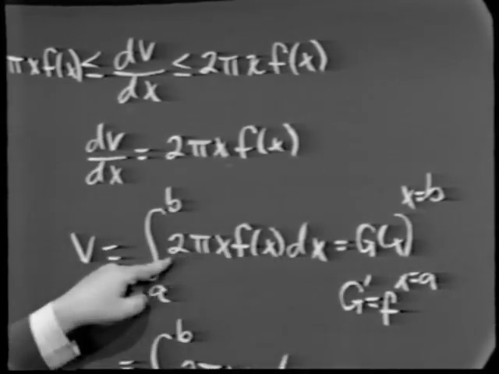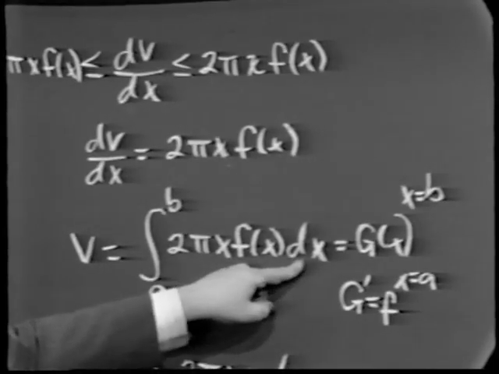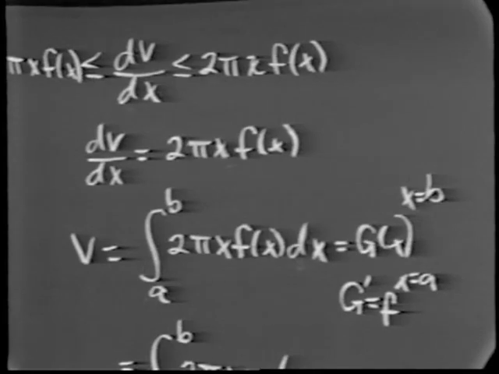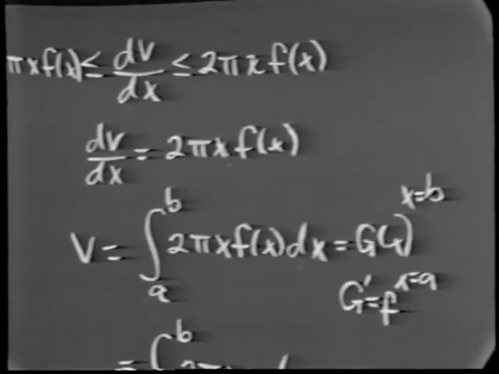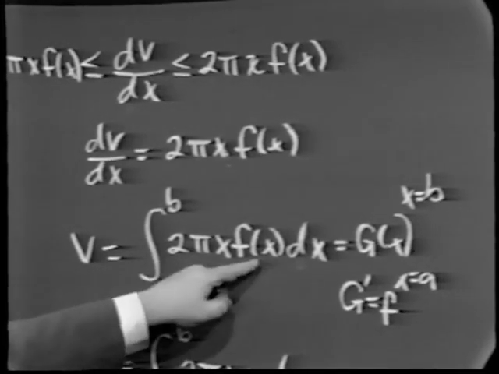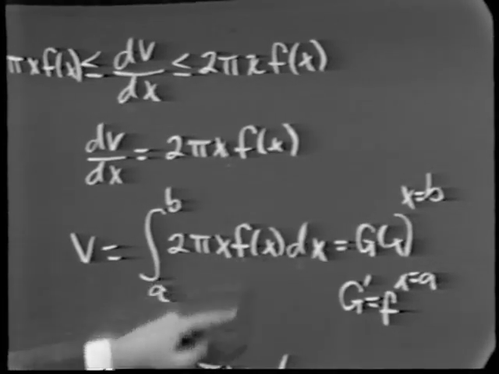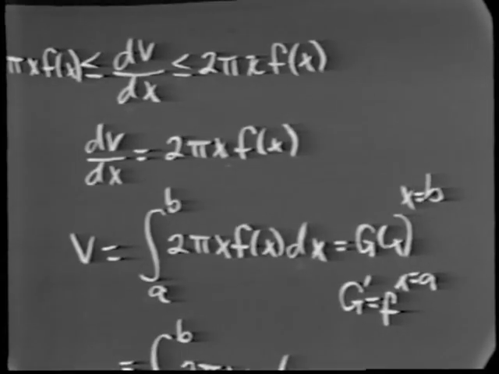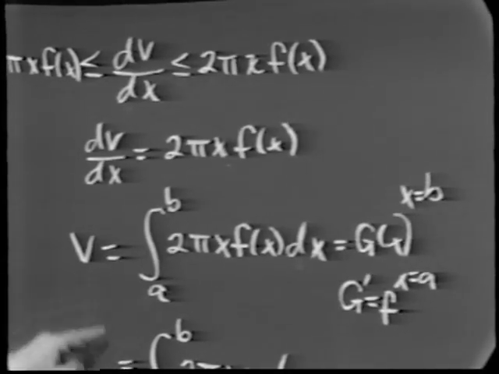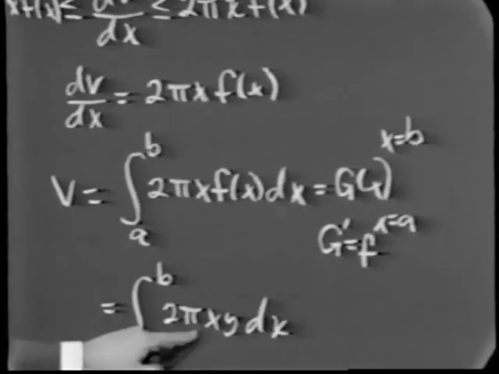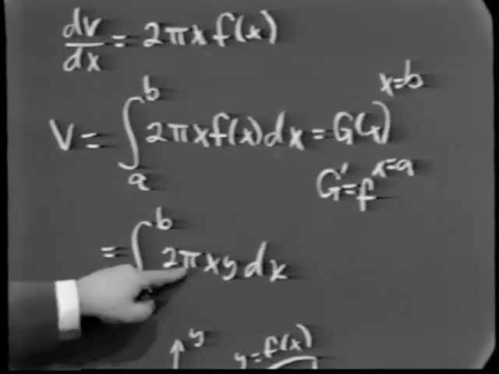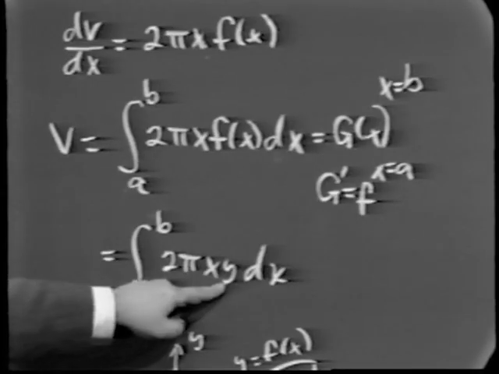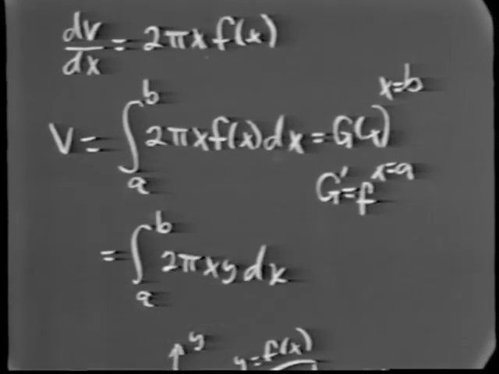If we're using integral calculus, we've found a u sub n, an L sub n, and we've caught v between u sub n and L sub n. But in any event, what we've shown rigorously now is that by the cylindrical shell method, and we'll illustrate these with examples to finish off today's lesson, the volume is given by the integral from a to b, 2 pi x, and let me just replace f of x by y to make my diagram simpler, times dx.